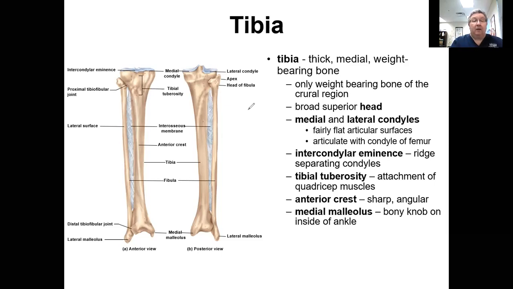On the anterior side of the tibia, we have the tibial tuberosity. That is where the quadriceps tendon attaches. The pes anserine is on the anterior medial side, and three important muscles attach to it. And finally, the medial malleolus, which is the distal end of the tibia.